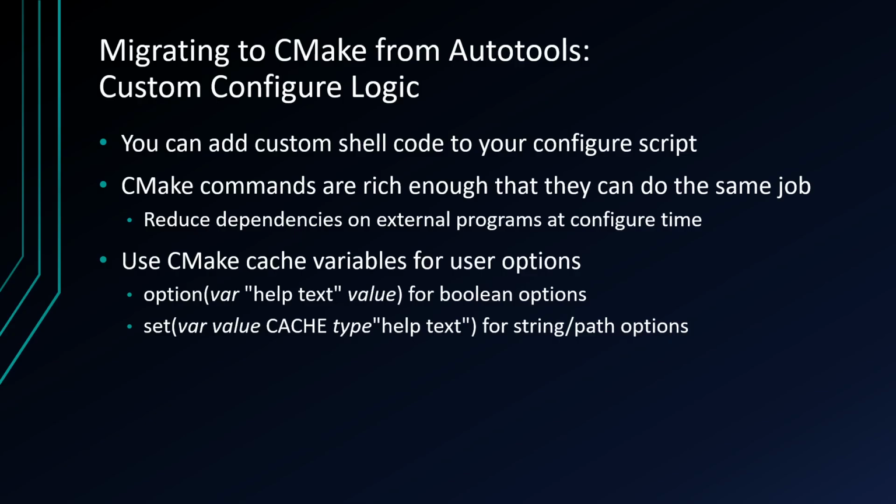The help text that you write in the option or set function call will be displayed to the user as an explanation of the meaning of that variable. So when the user is configuring the software, they can read that text and say, oh, I know what that does. I turn that off or turn this on, or this is the path to a file that that option wants you to set.